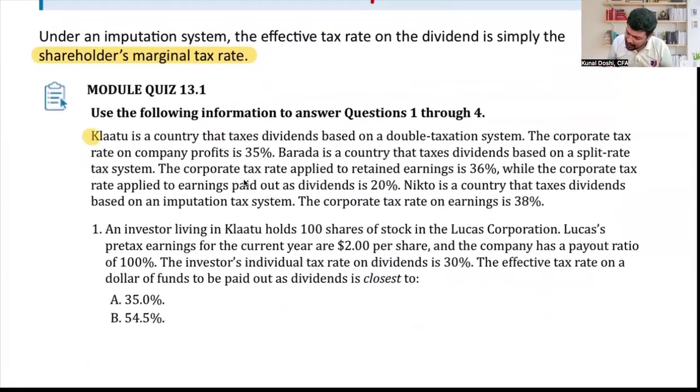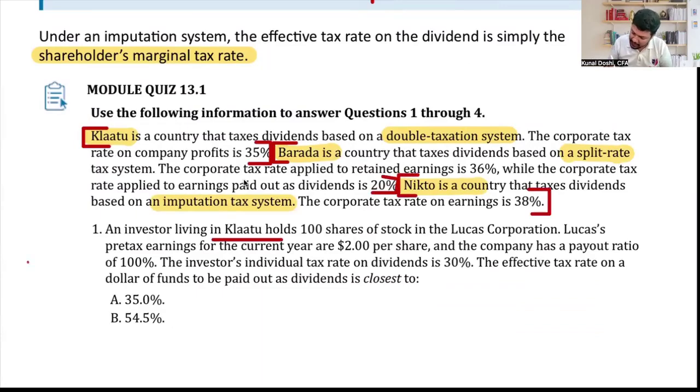Klaatu is a country that taxes dividends on a double taxation basis. So the first country is based on double taxation. Barada is a country that has a split rate, and Nikto is a country that is based on the imputation taxation system. So I will write this down.